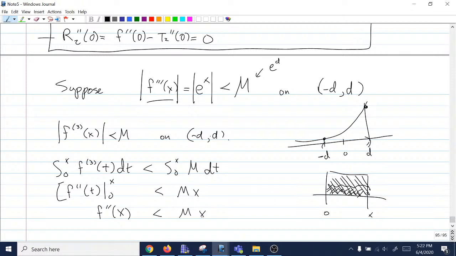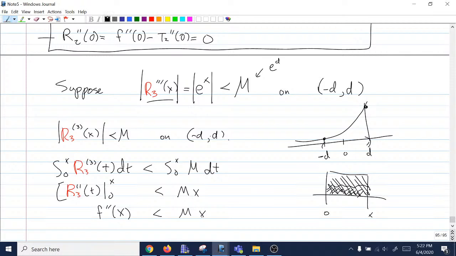Why did I start? Oh no. I'm still bad at this, even just doing it for e to the x, I'm still messing this up. I am not trying to talk about f. I'm trying to talk about r3.